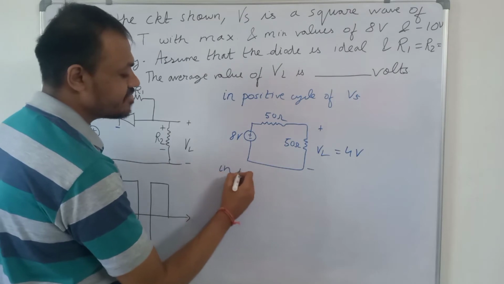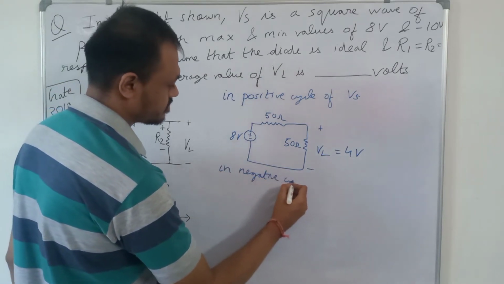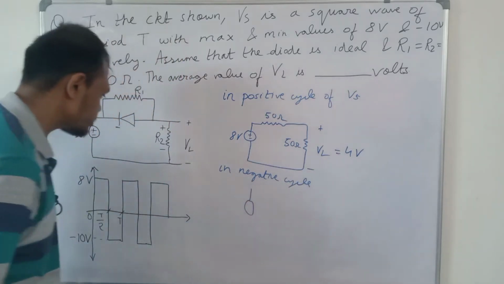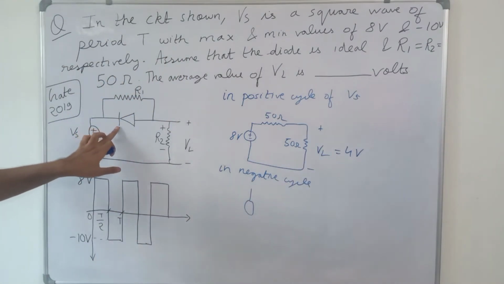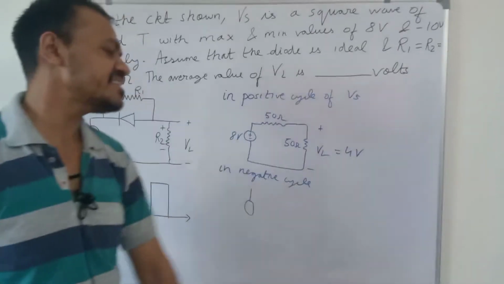Now in the negative cycle, the N terminal of the diode is connected to the minus 10 volt because the minimum value of the voltage is minus 10 volt.